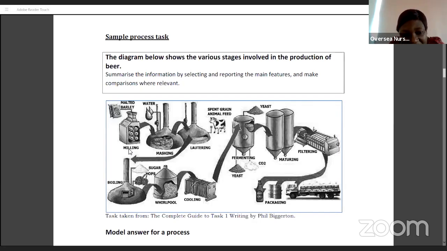It involves 11 stages. Are there 11? Are there 10? Are there 9? Steps.